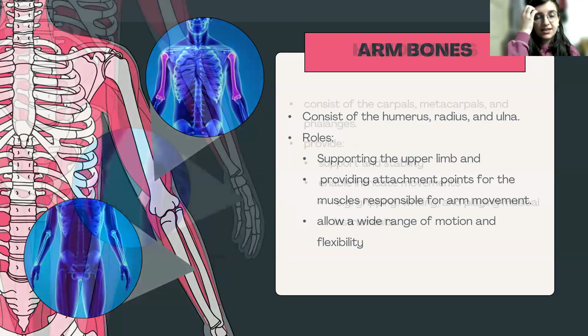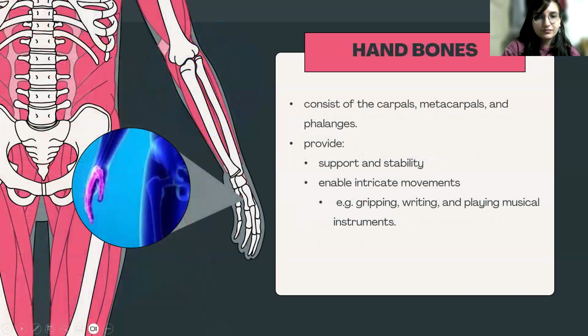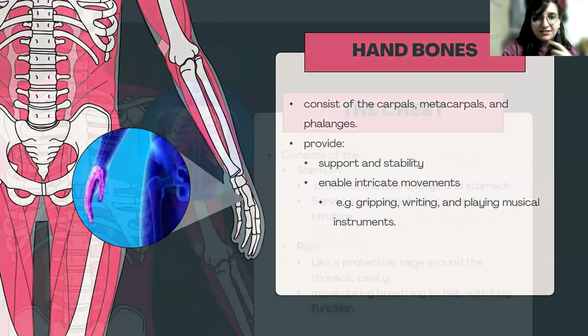And we also studied the hand bones, the phalanges, remember, the small bones. And we understood why we need to have different types of bones in the hand so that we can have more intricate movements, so that we can be more precise in the work that we do with our hands.